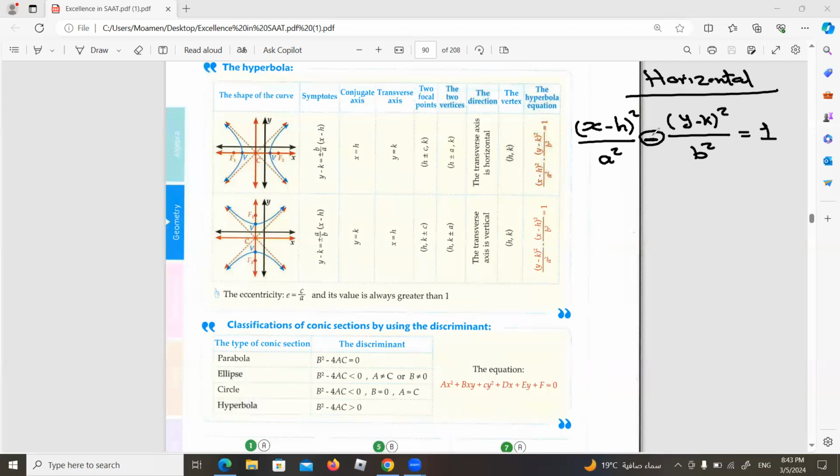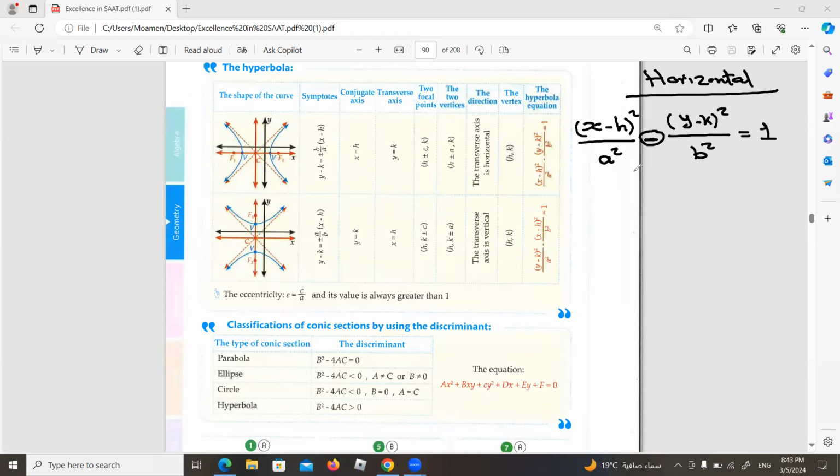So how can we differentiate between the hyperbola and the ellipse? Number one, in the ellipse the middle sign is positive, but here it's negative. Number two, in the ellipse, a is always greater than b, the big number.